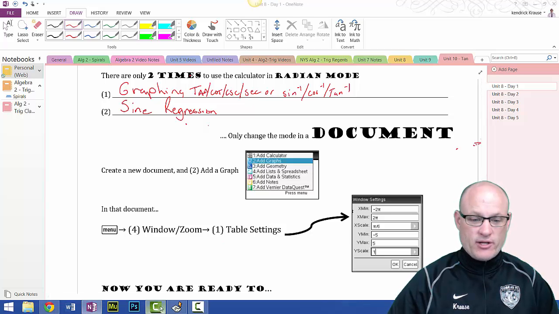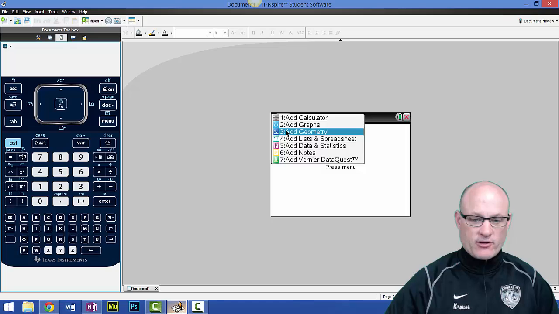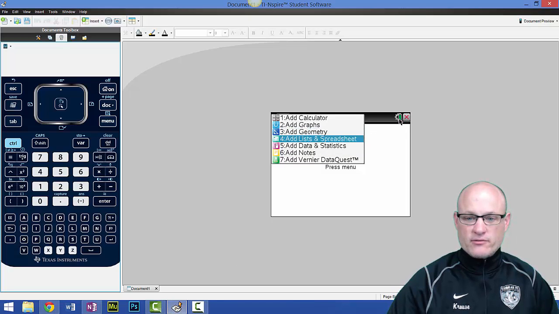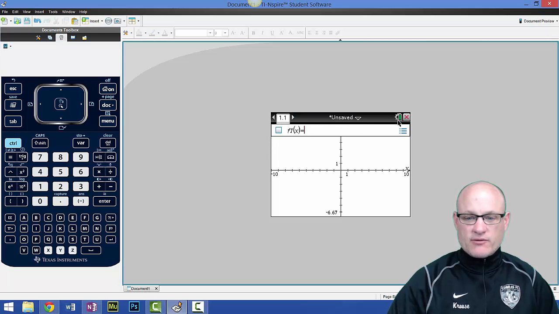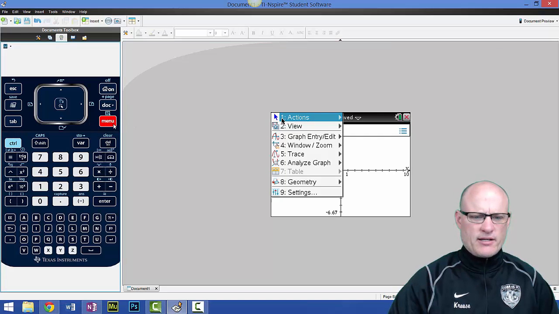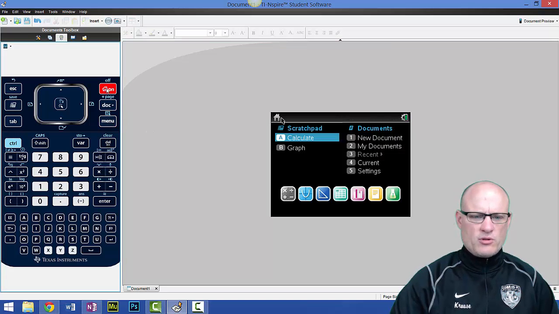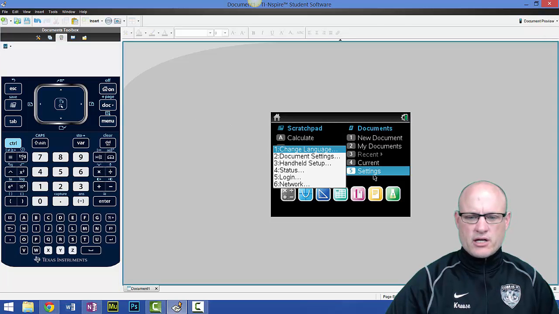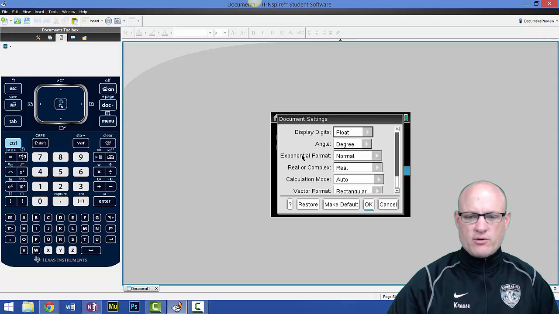The easiest way to do that is to take your calculator and hover over this. Let's go into graph mode for fun, and you hover over this. Oh, I'm in radian mode. Why am I in radian mode? Let me get out of that. Let me go to my home. I gotta make sure that I am not. You always want to make sure. See, I'm in degree mode. I don't know why it said I'm in radian mode. I'm going to make that the default.